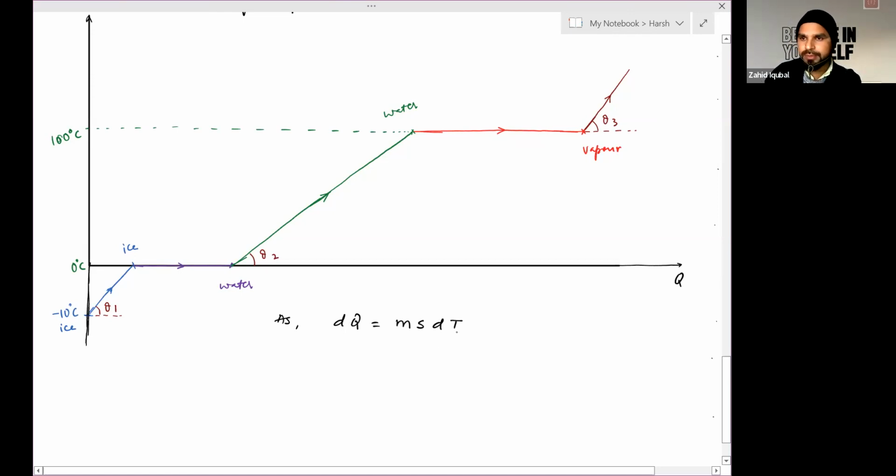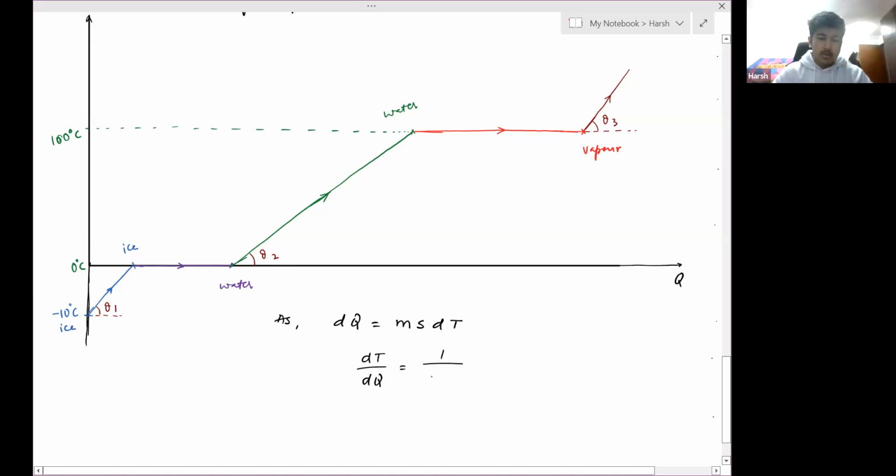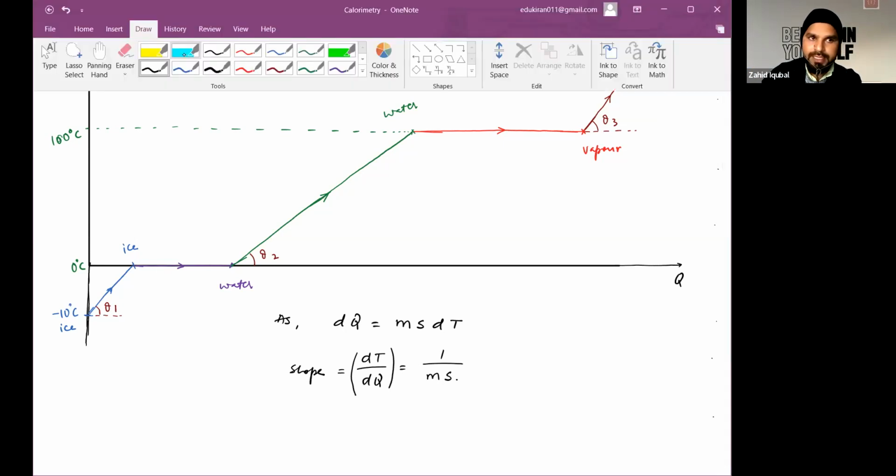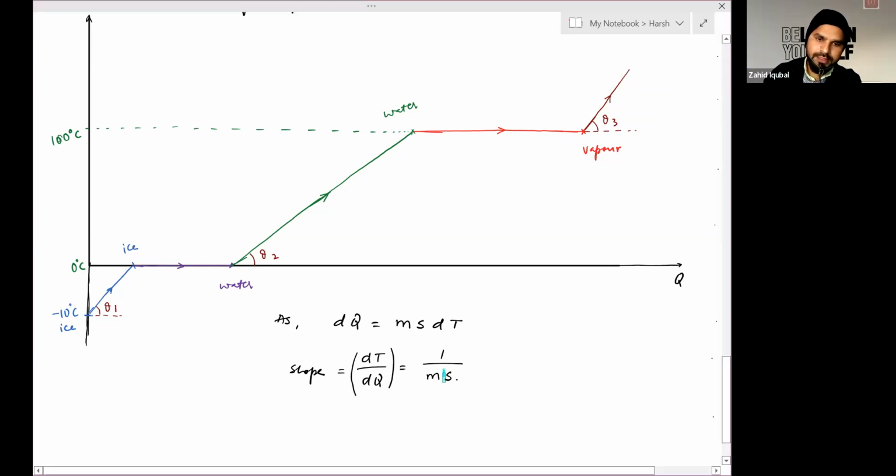So dT must be in the numerator and dQ in the denominator. Rearranging, dT divided by dQ equals 1 by m s. This quantity is nothing but perpendicular by base of this graph, so it is termed the slope of the T versus Q graph, and it depends on s, the specific heat constant of the substance.